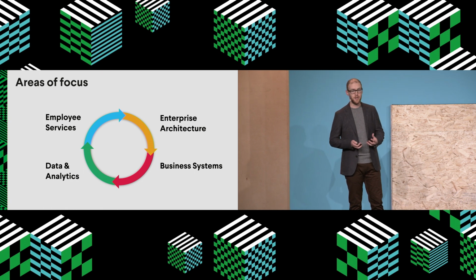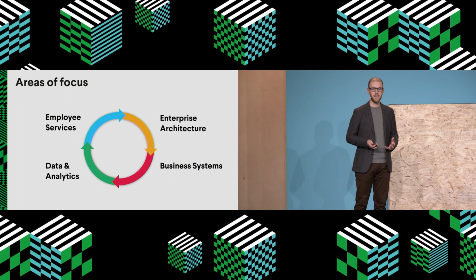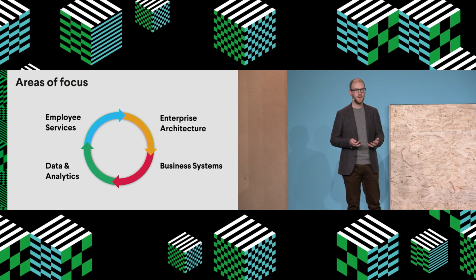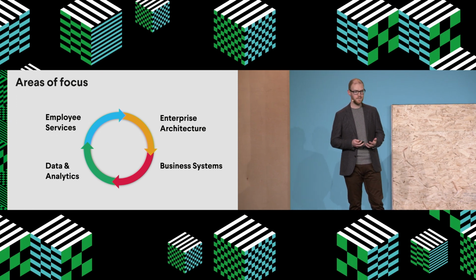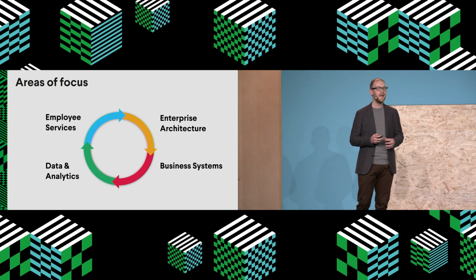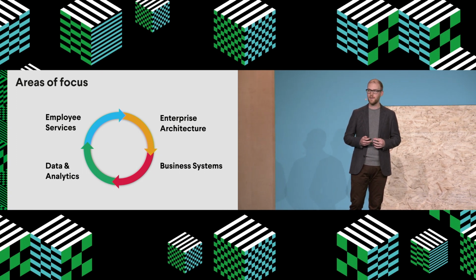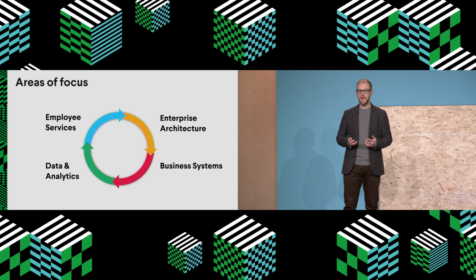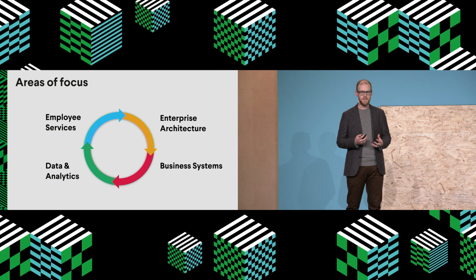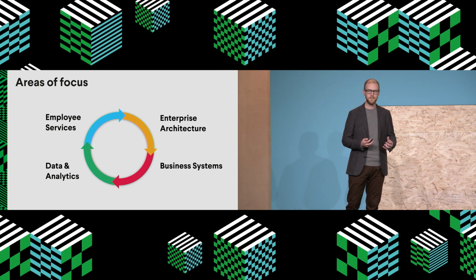So within business technology, we have 4 key focus areas. They probably mirror your own organization's priorities. First, employee services. The very basics, ensuring our employees have the productivity essentials they need to do their jobs. Next, enterprise architecture, planning our tools and our services and our systems to be interoperable and scalable.